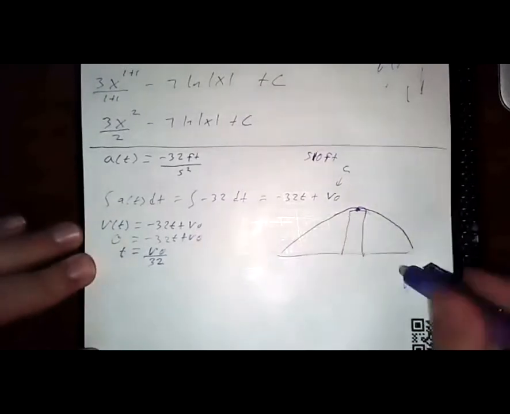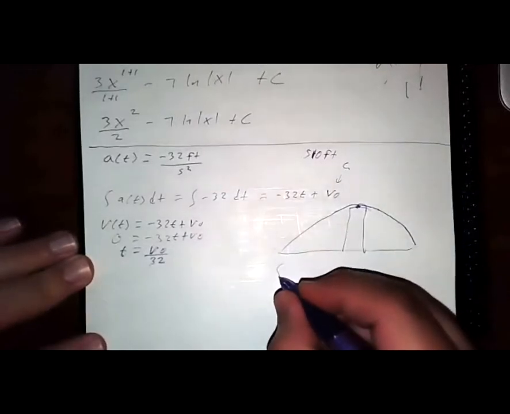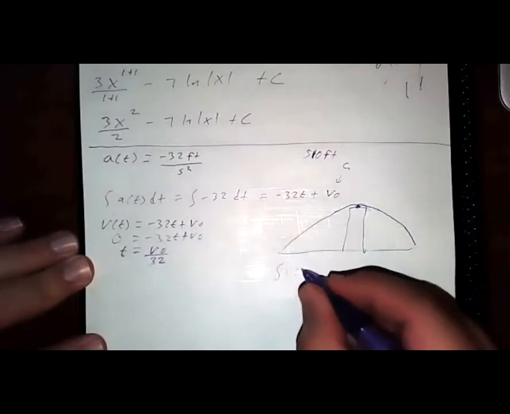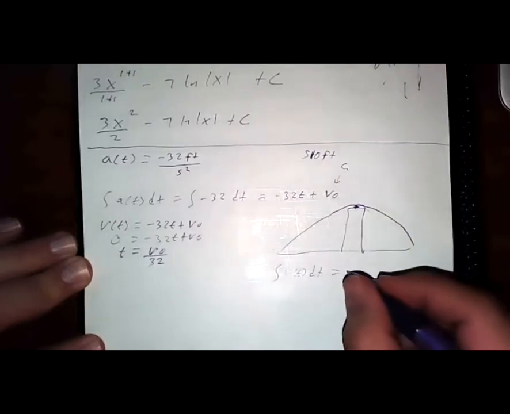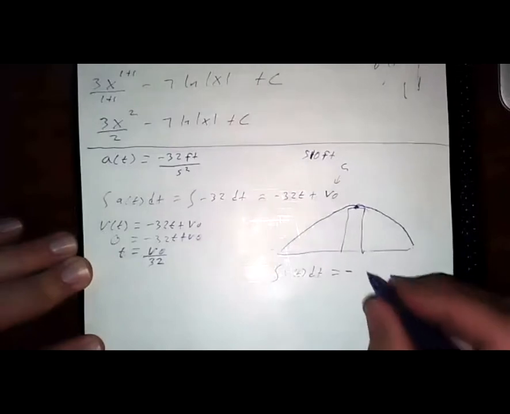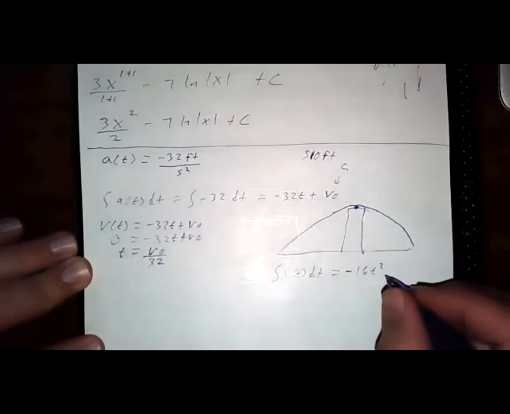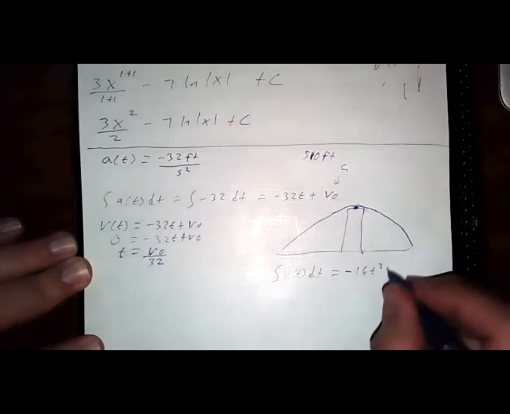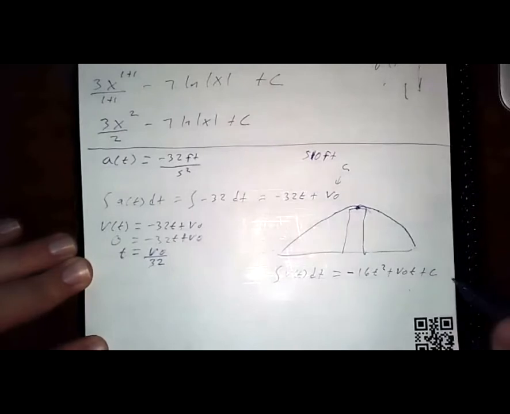Okay. Maybe we did need it after all. The integral of velocity dt is equal to, let's skip a step since we already did it, negative 16t squared plus v naught t. And then I said we need to know what that c was, right?